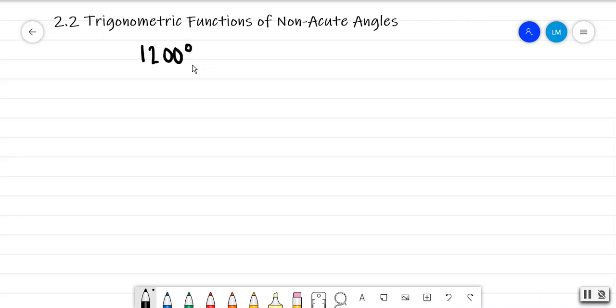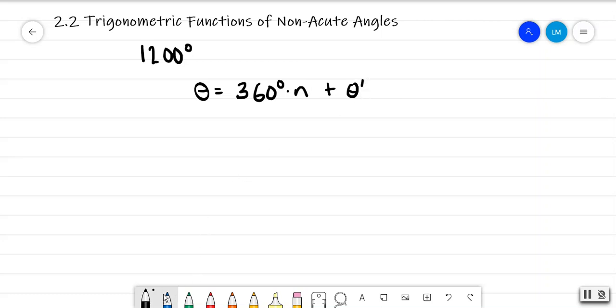Okay, well 1200 degrees is quite large in the sense that it's not within 0 to 360. Now remember that we can rewrite an angle measure, call it theta, as 360 degrees multiplied by n plus theta prime.